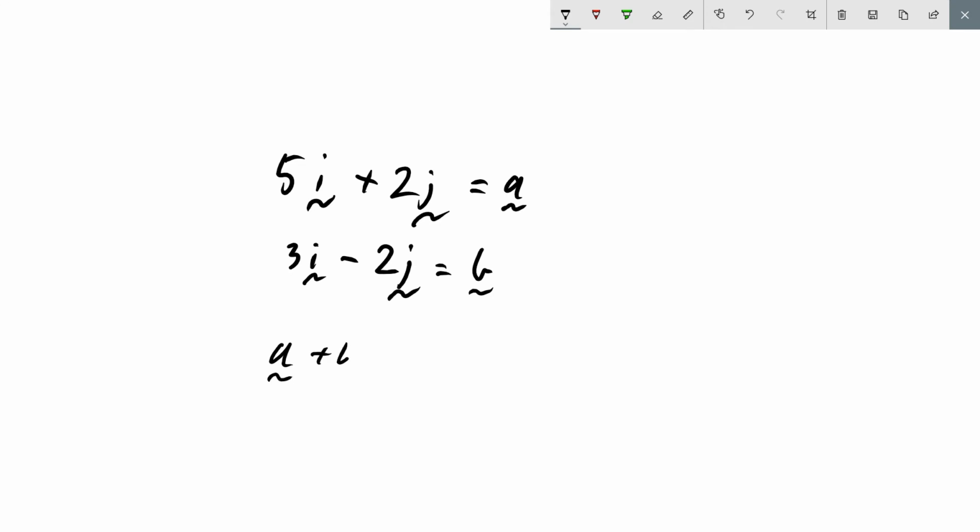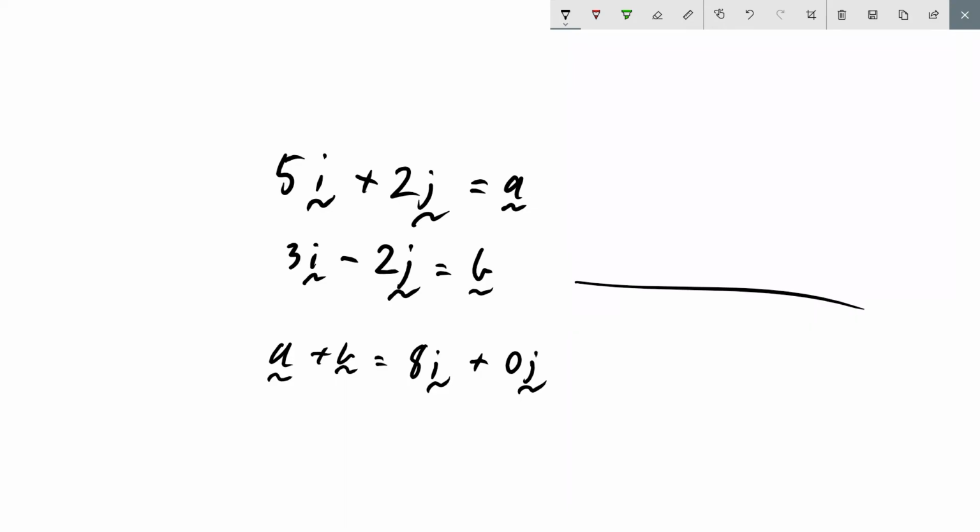A vector plus B is going to just be collecting like terms. So we have 5 i units and 3 i units, so that's going to make 8. And then I have 2 minus 2, which gives me 0j.